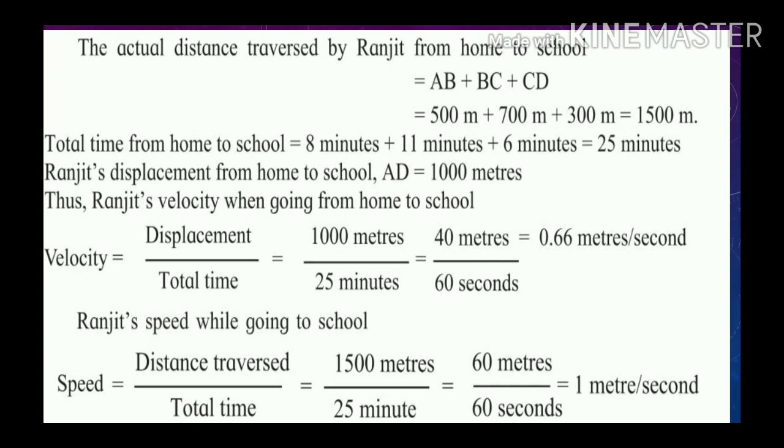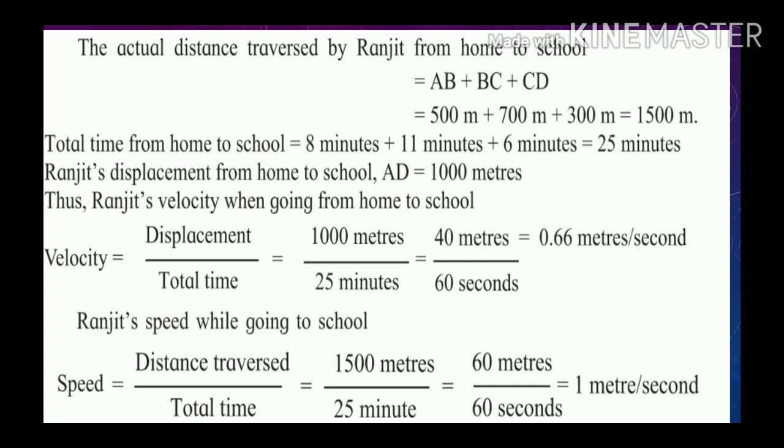In the diagram, the actual distance traversed by Ranjit from home to school is equal to AB plus BC plus CD. So it's equal to 500 meter plus 700 meter plus 300 meter is equal to 1500 meter. What is it? Distance. Total time from home to school is 8 minutes plus 11 plus 6 minutes. So, total 25 minutes.